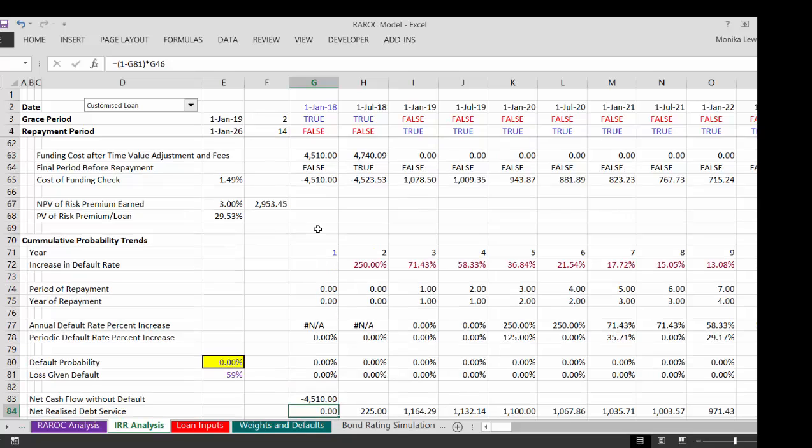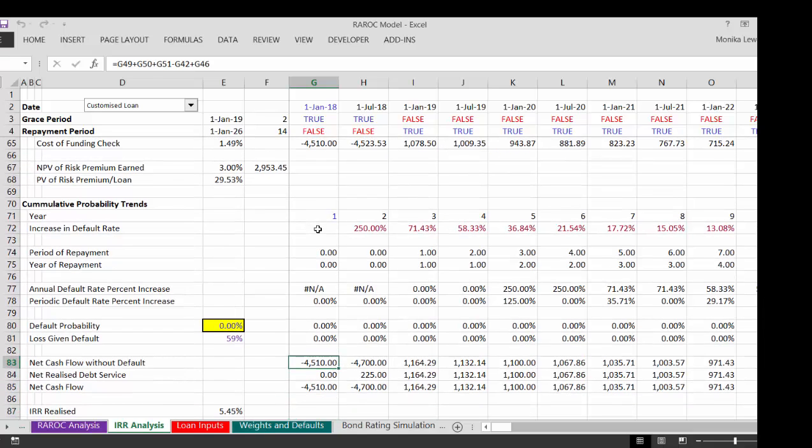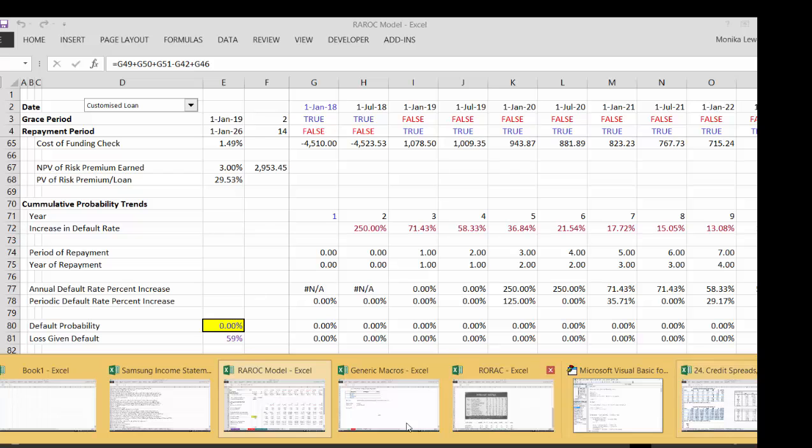So that's our net cash flow without default, and we'll read that in for each of the loan periods. The key thing is that it is independent of the probability of default.